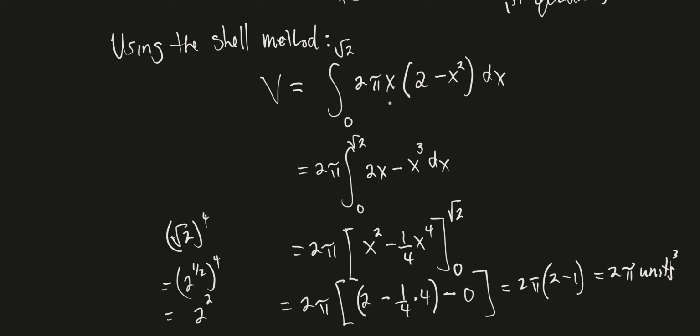So it's a different setup as opposed to the disk and washer methods, where everything was in terms of the same variable: the function in terms of x, the limits in terms of x, and the revolution about the x-axis.